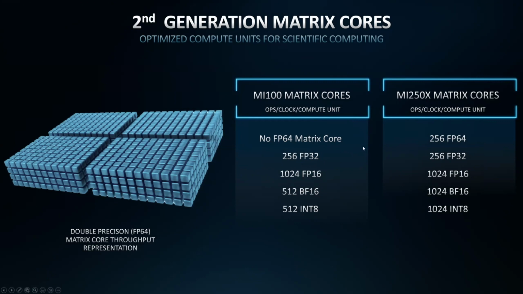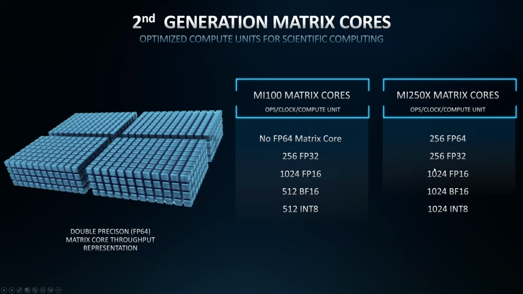The big difference, in order to address HPC workloads, is that MI200 introduced very fast matrix cores for double precision. So now you can perform way more matrix operations thanks to these matrix cores, which is something that you could not do on MI100.